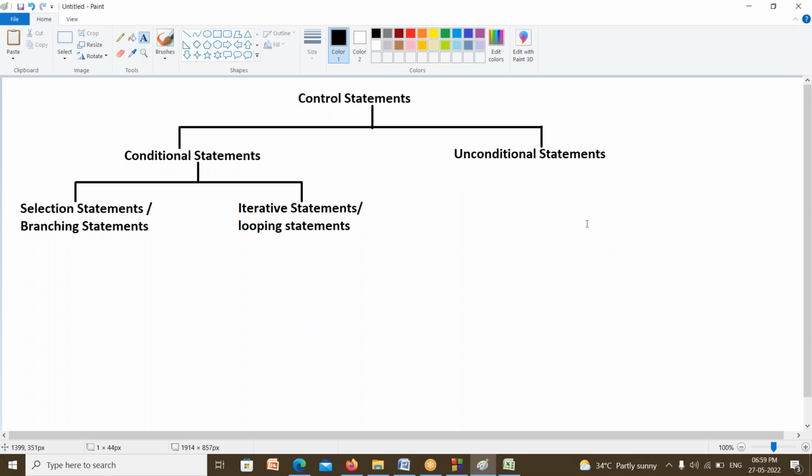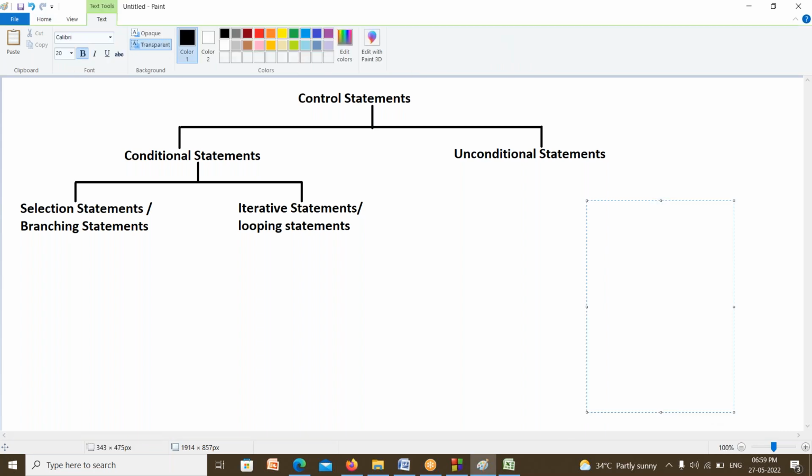The examples for selection statements are if, if else, else if, nested if, null if, null else, and switch.